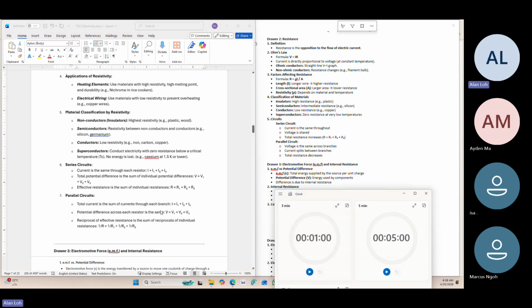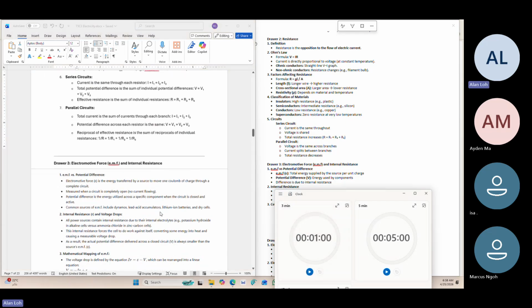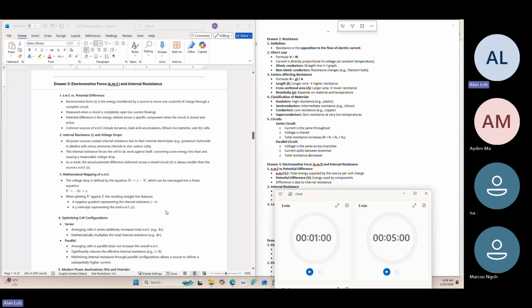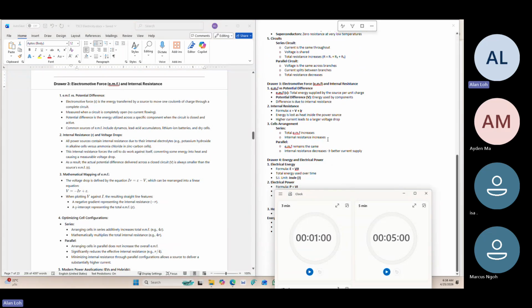So let's continue. The same drill, same method, but now for drawer 3. Drawer 3 is having 3 key points, right? So let's read this part, drawer 3. Let's start now.